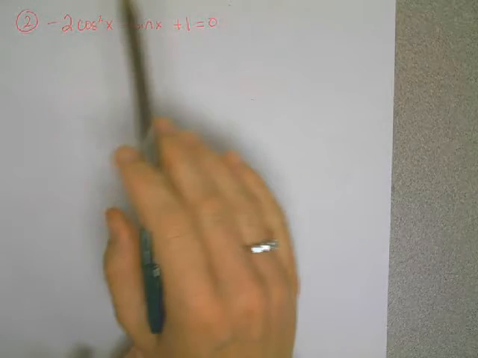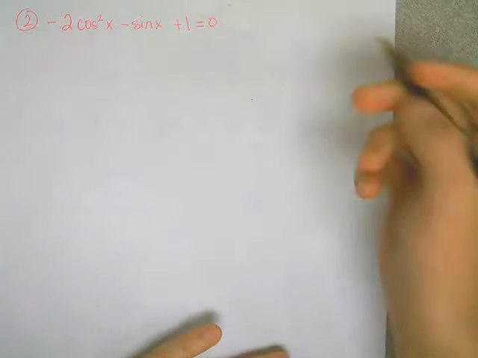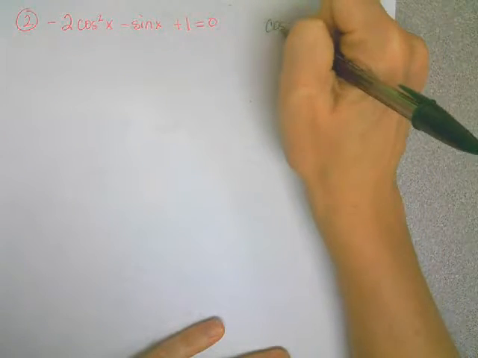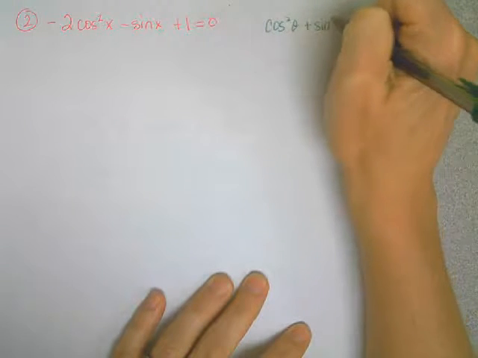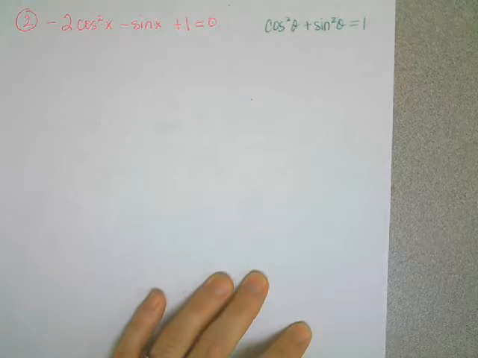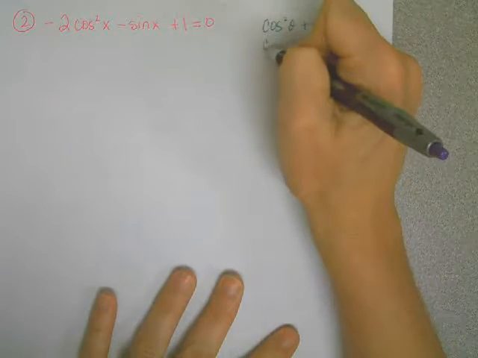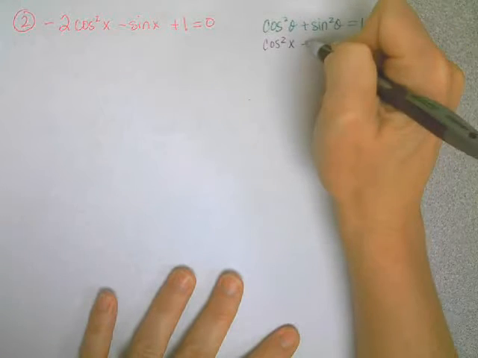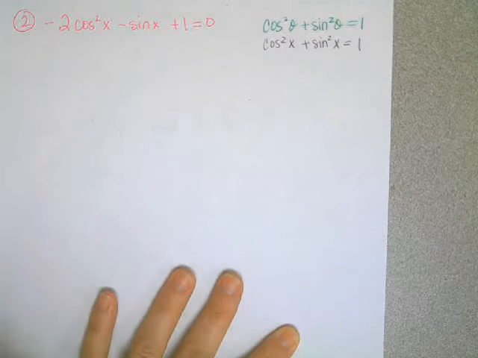Because I have cosine squared and sine, I know I'm going to have to do a substitution. You guys remember cosine squared theta plus sine squared theta equals 1. That's an infamous trig identity we need to memorize. You could change it to x, if that helps, since this problem is in terms of x, not theta.